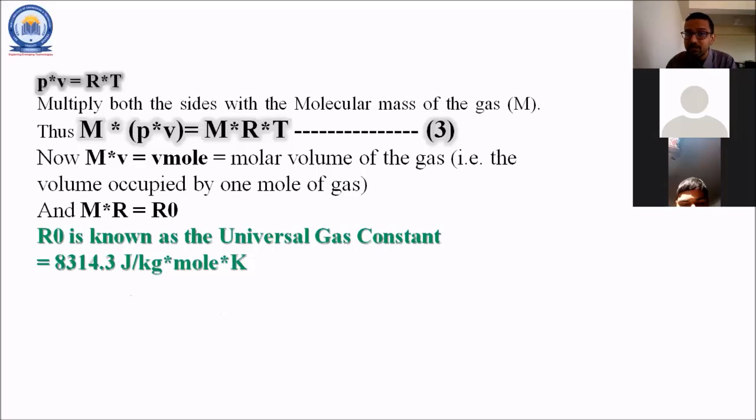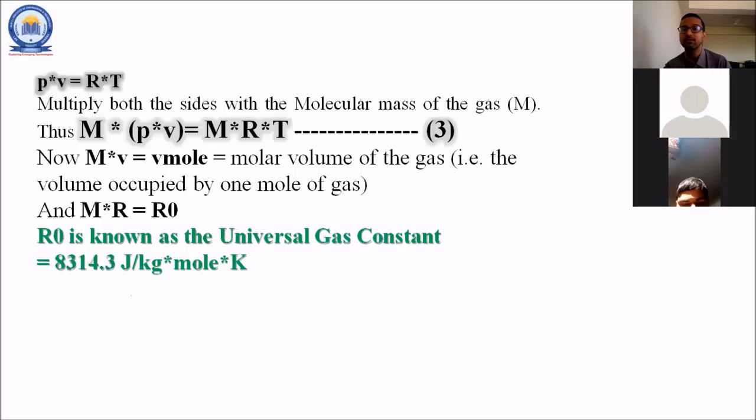Dear friends, remember this point, the universal gas constant, the value is a fixed constant for all the gases, but the value of R, the characteristic gas constant, will be dependent on the characteristics of the gas. So the value of R will be a variable parameter, but the value of R0 is constant for all the gases. Hence we have given the name of R0 as the universal gas constant.